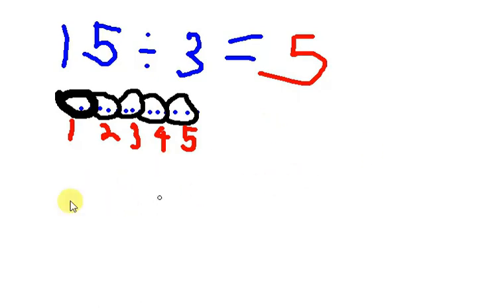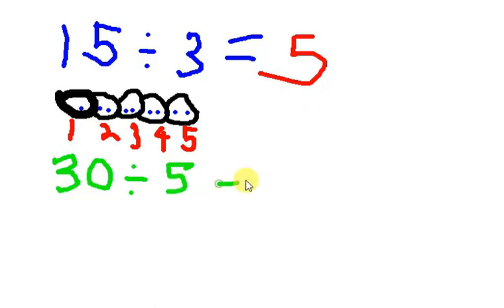So another example is probably you have a number like 30 and you are dividing by, let's say, 5. So what we do is to let the learner represent this 30 with some items, which could be a form of circles.